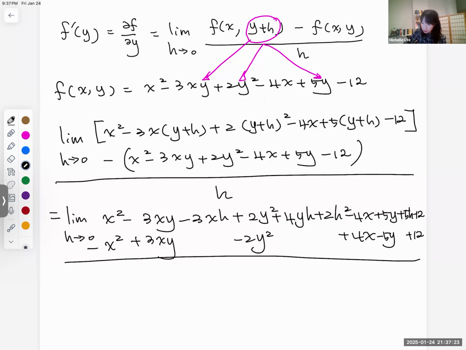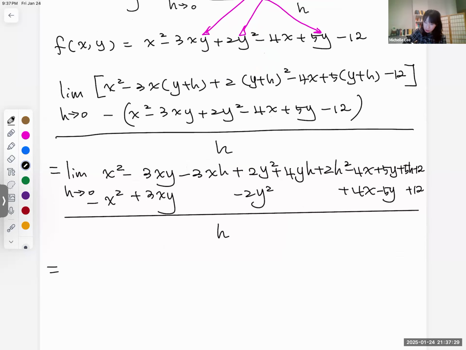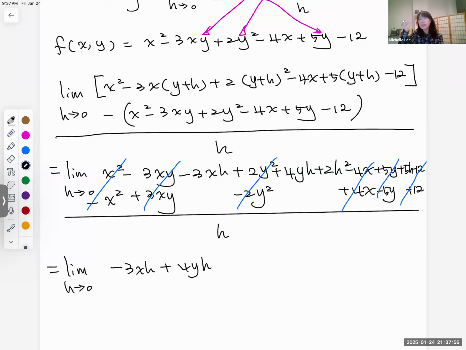Over h, equal to the limit as h approaches 0. So we have h squared, so we get negative 3xh and plus 4yh. Since we have experience, let's factor out h as well.